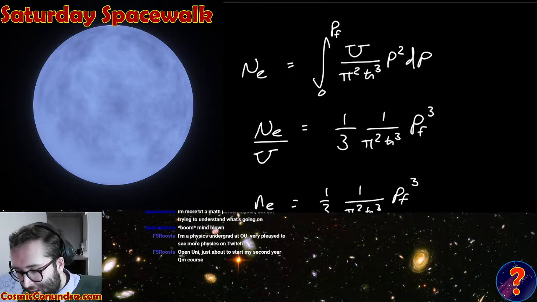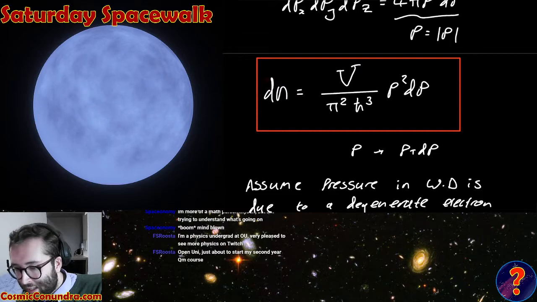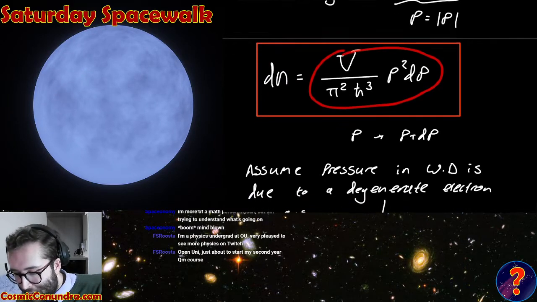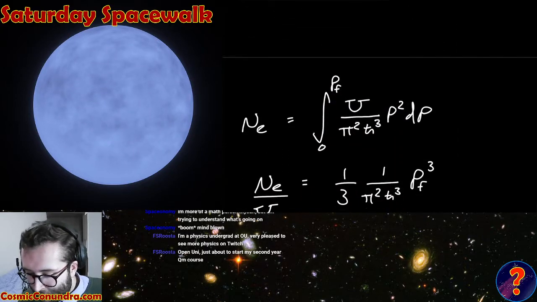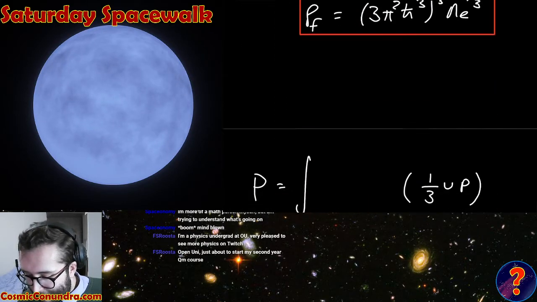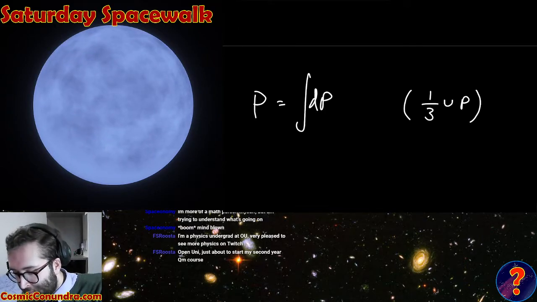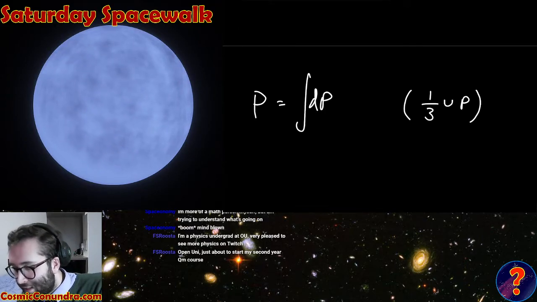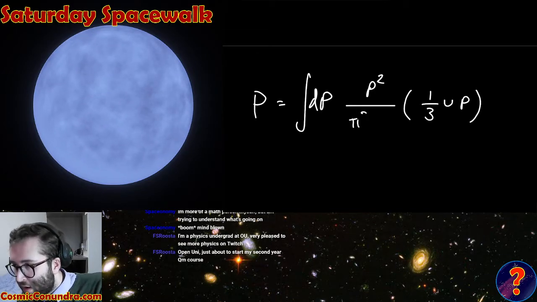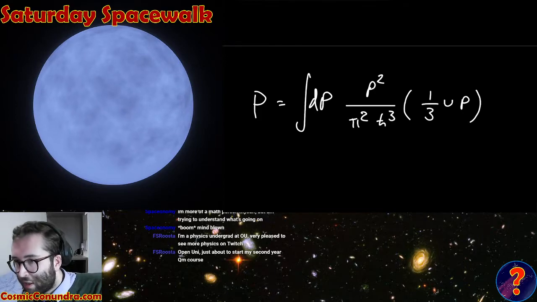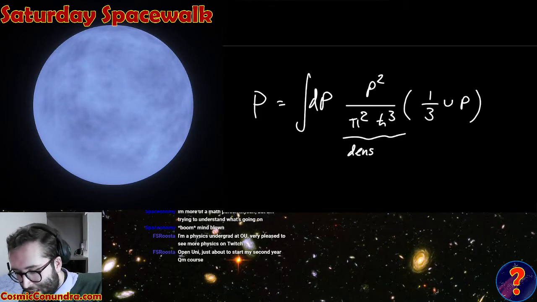Or in other words, how many states, how many electrons can you cram into this momentum range here? So we need to pick up this density of states factor here. So that is this p squared over pi squared h bar cubed.